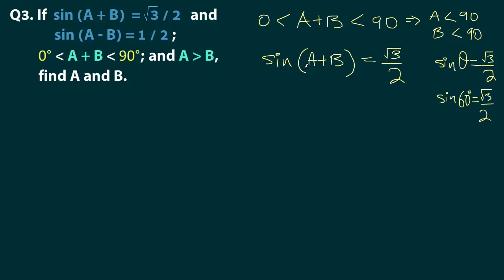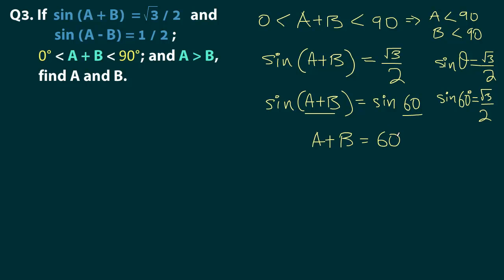In other words, we can rewrite this equation as sine of A plus B is equal to sine 60, or we can say that A plus B is equal to 60. So from here we can say A plus B is equal to 60.